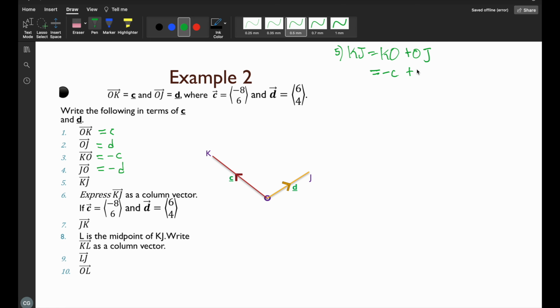OJ is D. So we have minus C plus D, or D minus C.